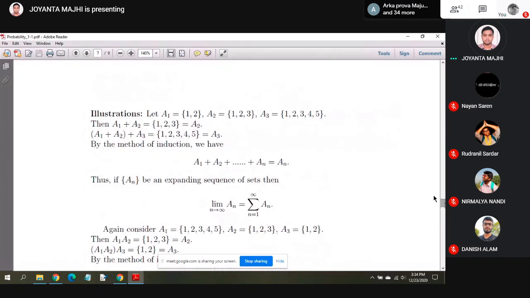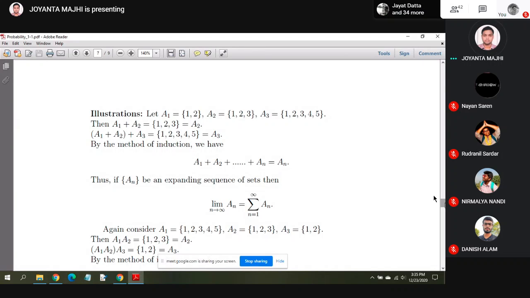For example, if A1 is equal to the set {1}, A2 is equal to the set {1, 2, 3}, that is the set containing these three elements only, and A3 is equal to {1, 2, 3, 4, 5}, then A1 plus A2, that means A1 union A2, is equal to the set {1, 2, 3}, and this is equal to A2.